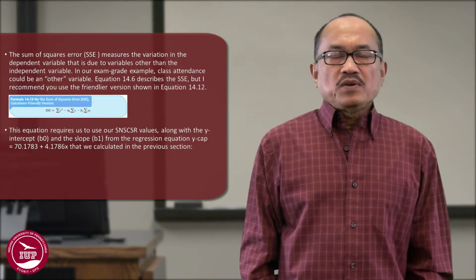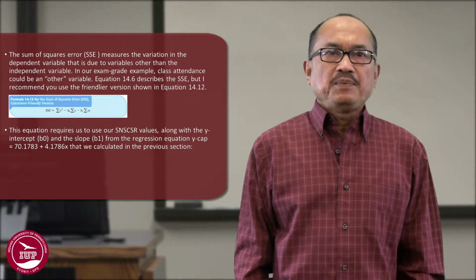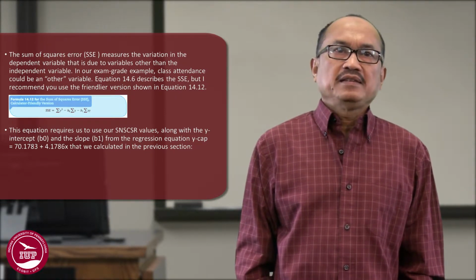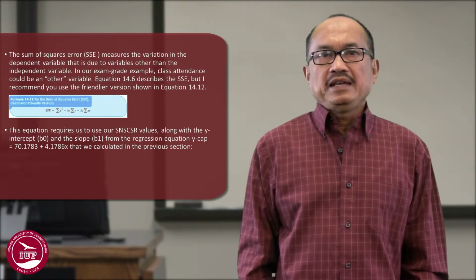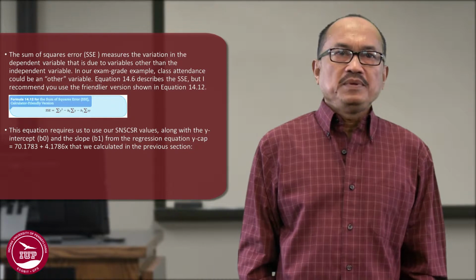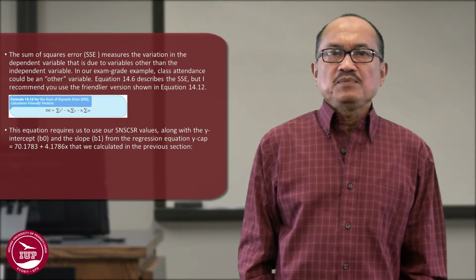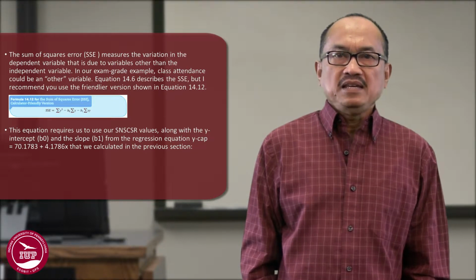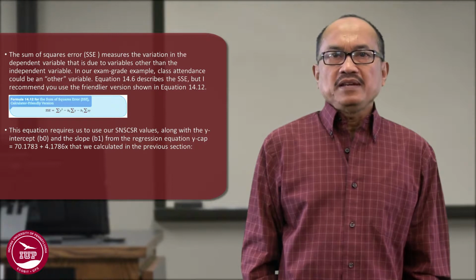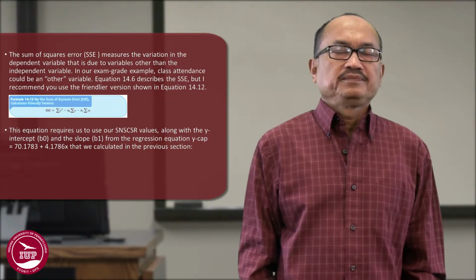The sum of square error, or SSE, measures the variation in the dependent variable that is due to variables other than the independent variable. In our grade example, class attendance could be another variable. Equation 14.6 describes the SSE, but I recommend you use the shortcut version shown in equation 14.12.